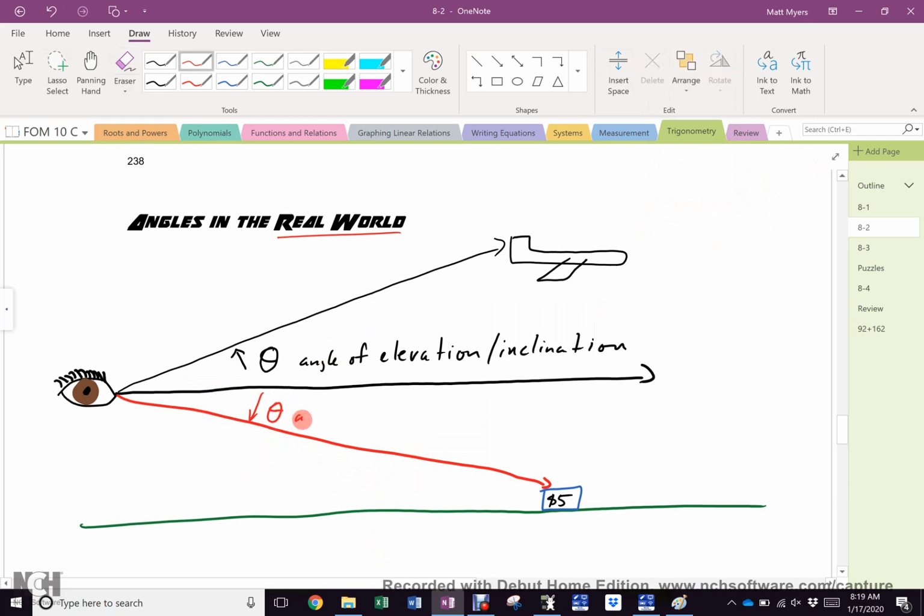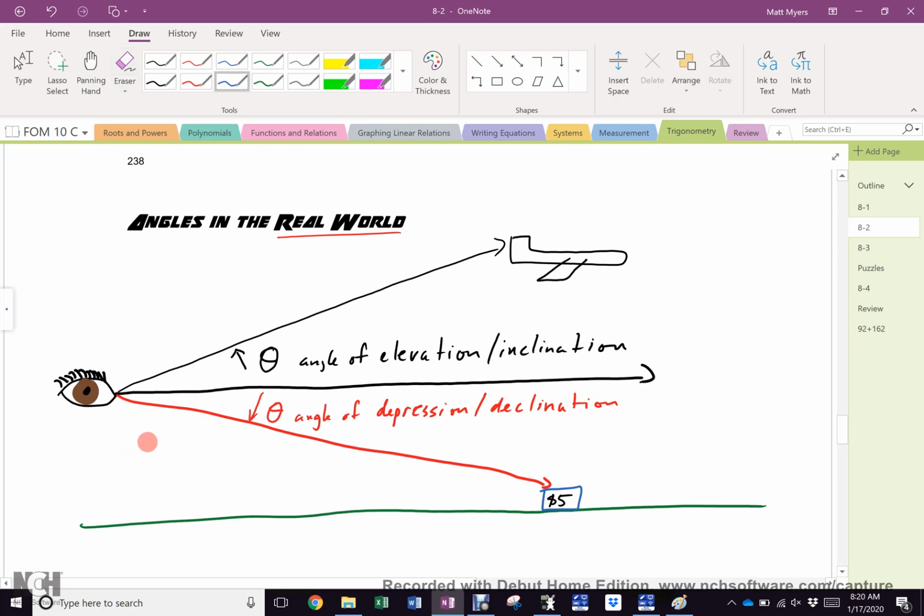This one is called the angle of depression or declination because you are looking downwards. Does everybody understand? It's problematic because all of you want to put your angle of depression over here, which it is not. All right?